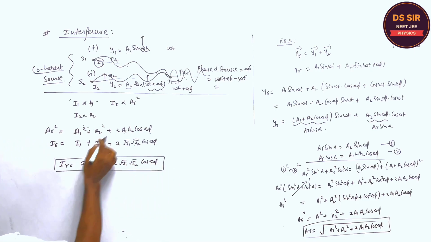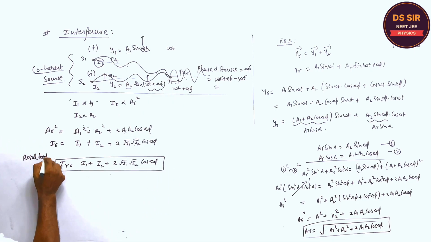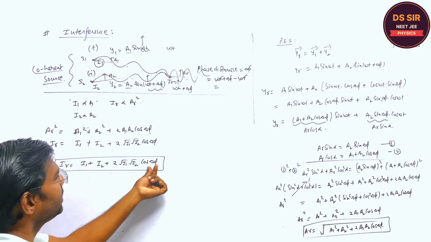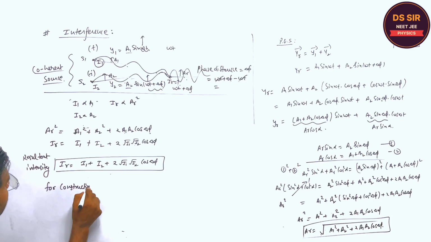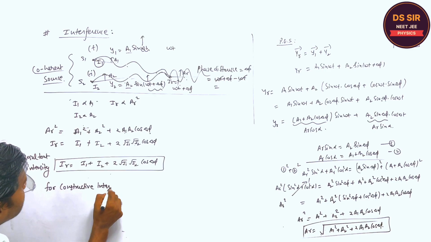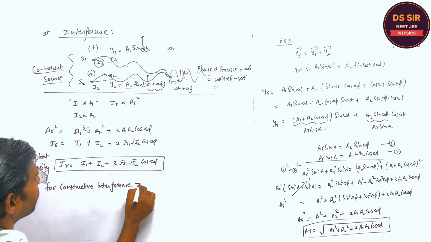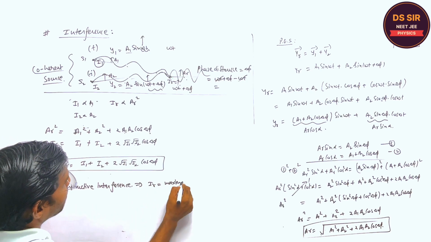So this is the resultant intensity. It depends upon what? It depends upon the individual intensities and the phase difference, right? Now for constructive interference, it means the resultant intensity is maximum, right?